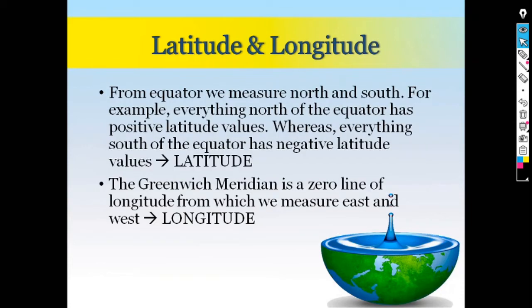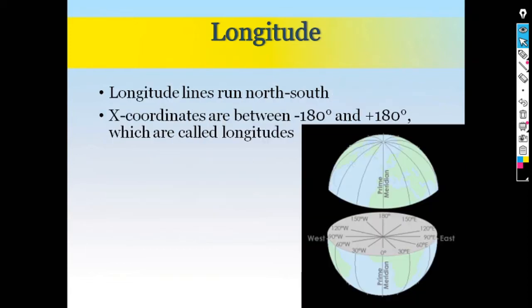From the equator we measure north and south. Everything north of the equator has positive latitude values, whereas everything south of the equator has negative latitude values. The Greenwich meridian is a zero line of longitude from which we measure east and west.